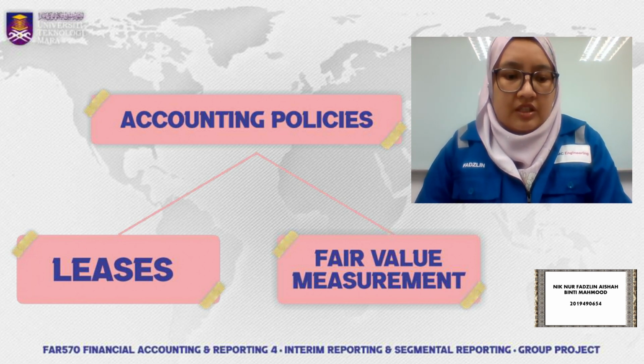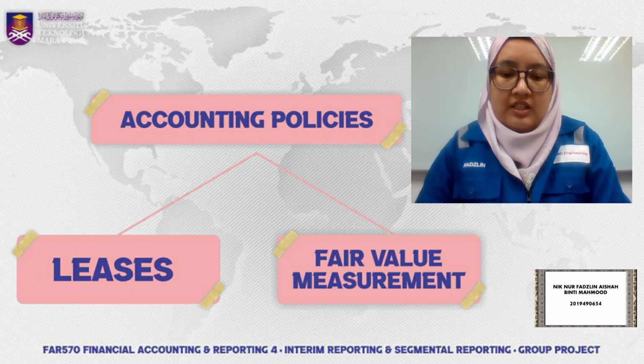Rather, the measurement and disclosure requirements of MFRS 13 apply when another MFRS standard requires or permits an item to be measured at fair value. The focus of this post-implementation review is on assessing the effect of MFRS 13 and not the effect of any other IFRS standard that requires or permits fair value measurement.